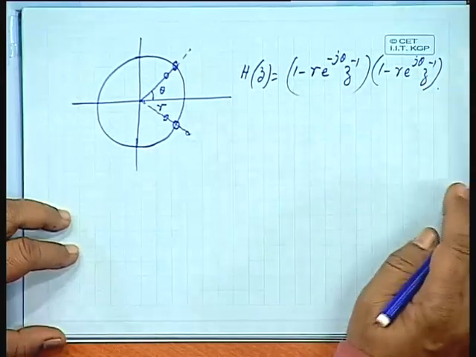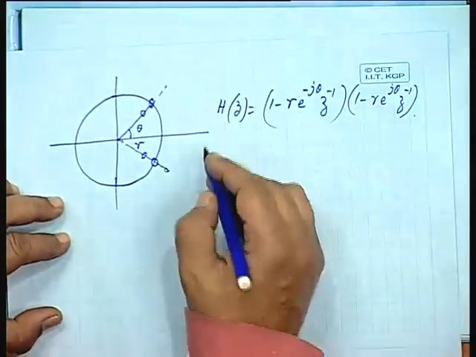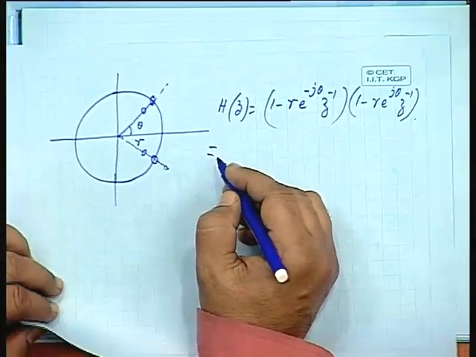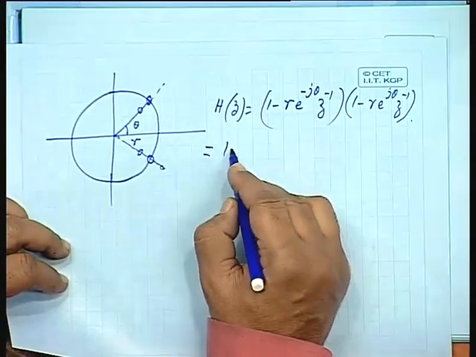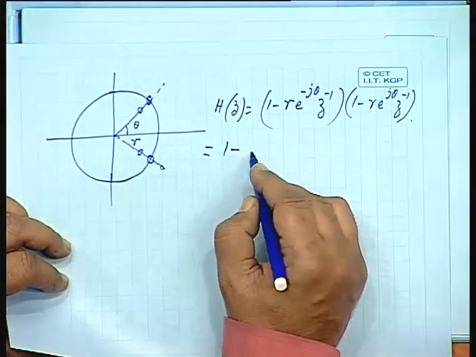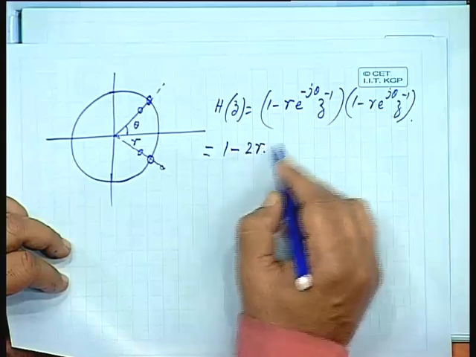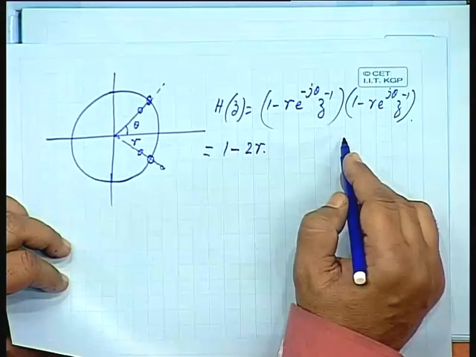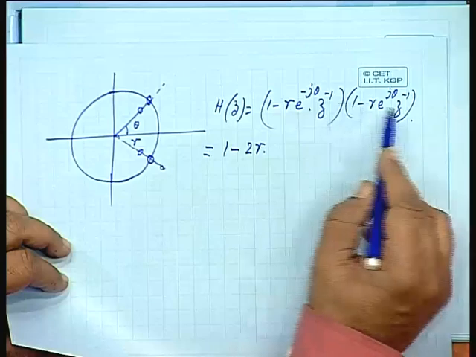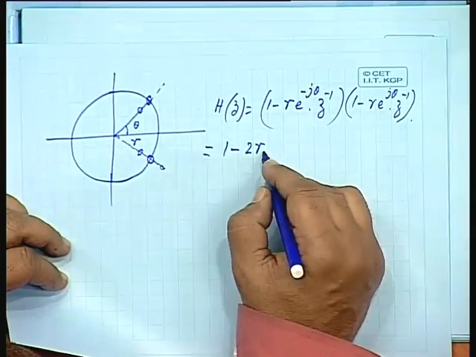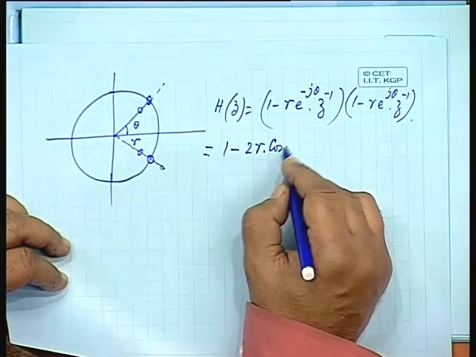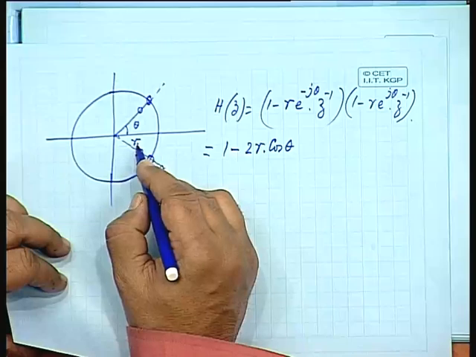Is that all right? So, that after multiplication gives me 1 minus 2 r. If you take out the real parts, the imaginary parts will get cancelled, you will find 2 r cosine theta, let me call it r1.